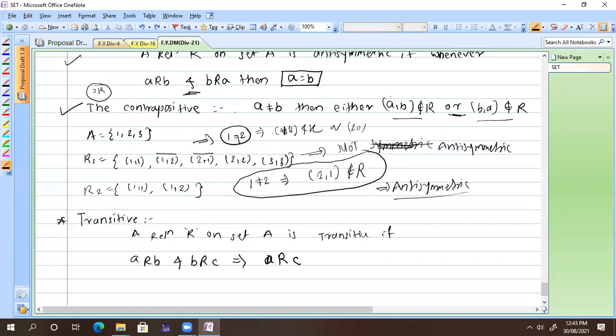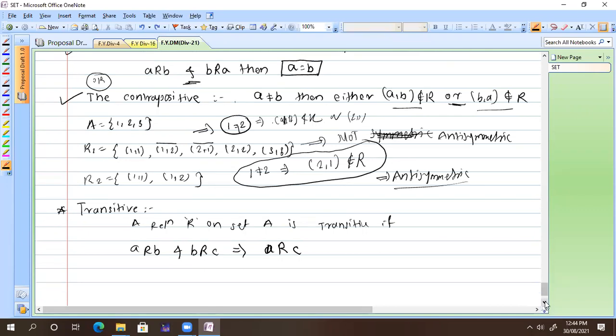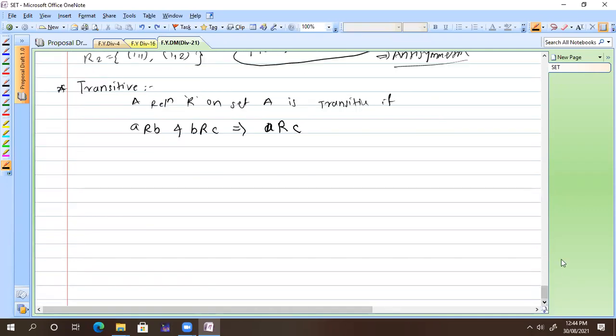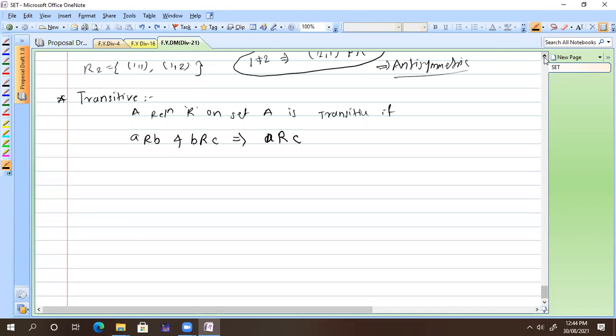So (1, 2) is there and (2, 1) is also there, but what I want is not there. Either one is not there, but we have both there. Clear? Yes, sir. If either one is not there, then it is anti-symmetric.